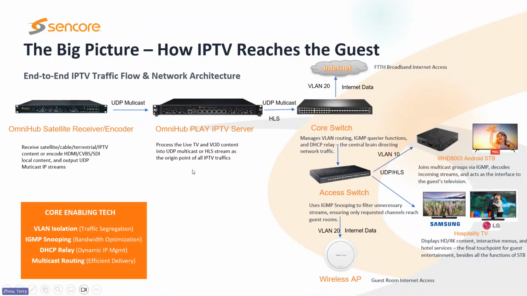And the next part is the streaming part. For streaming, typically we can use two kinds of protocols. One is UDP multicast directly. We can push the content source directly to the terminals, and the IPTV server will play the role of stream management and control, and also provide additional services like VOD.